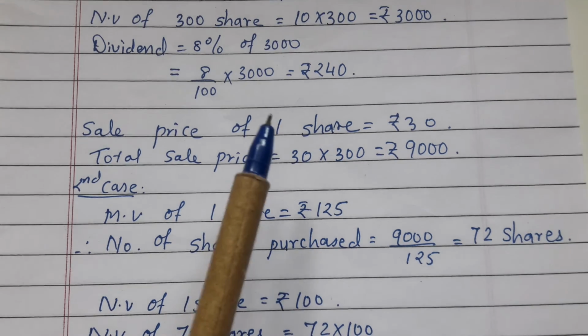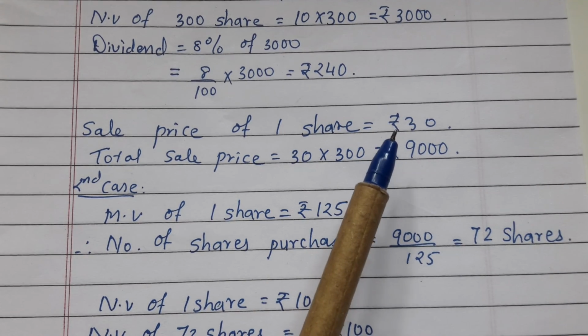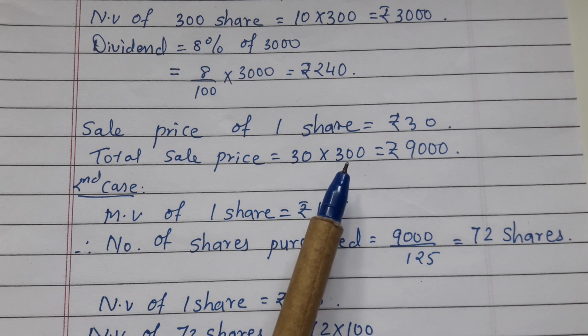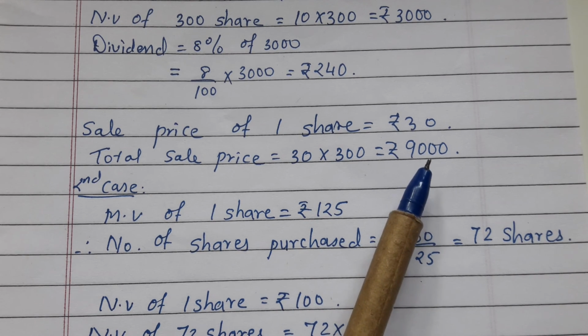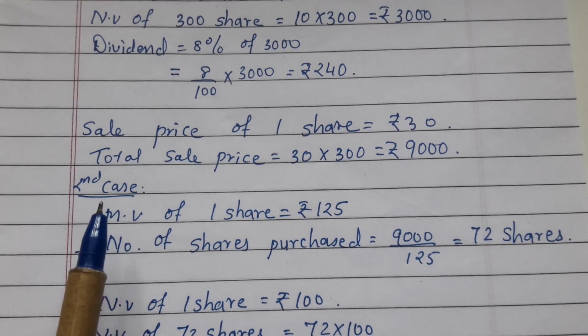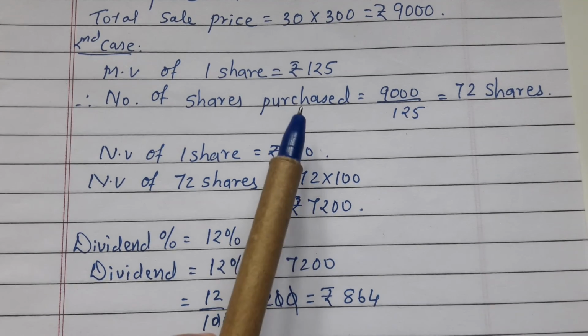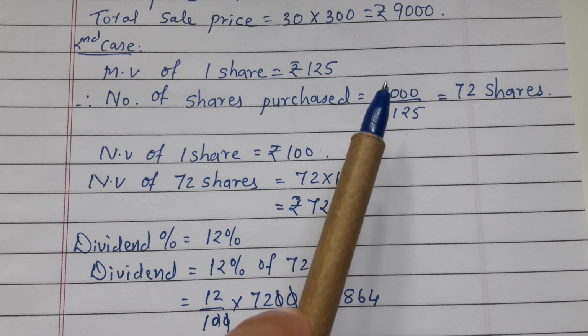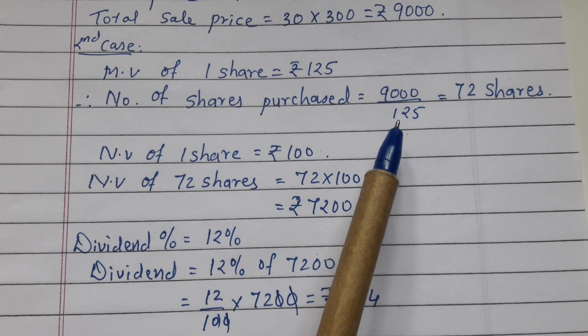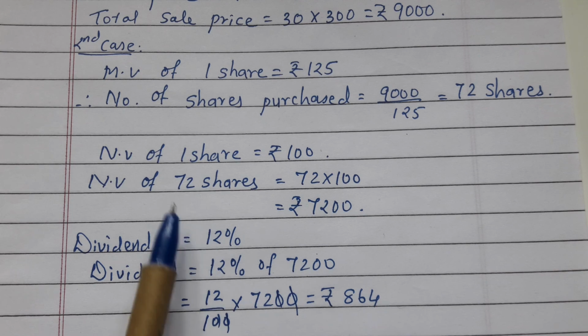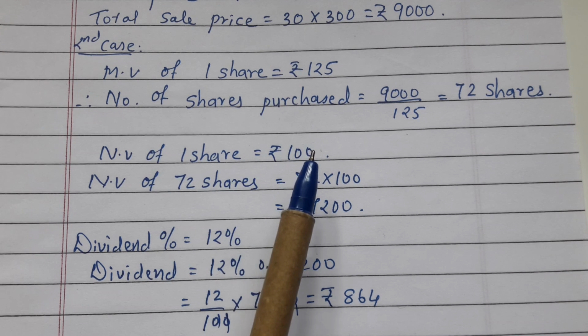Sale price for one share is rupees 30. Total sale price 30 into 300, rupees 9,000. Second case, MV of one share 125. Number of shares purchased is equal to 9,000 upon 125, that is equal to 72 shares. NV of one share 100.